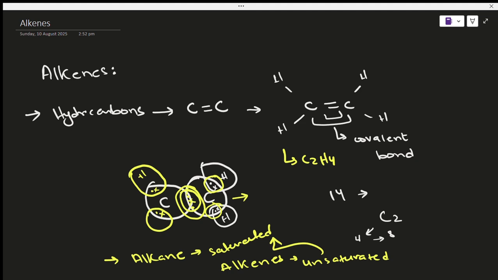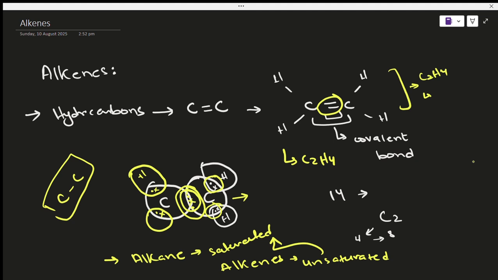And the difference here, basically, what the double bond actually does, is that this double bond here is going to make this molecule of C2H4 reactive. Like we talked about, when we talked about alkanes, we said that alkanes are generally unreactive, and that's because the single bond in an alkane molecule like this is very strong and cannot be broken down easily.